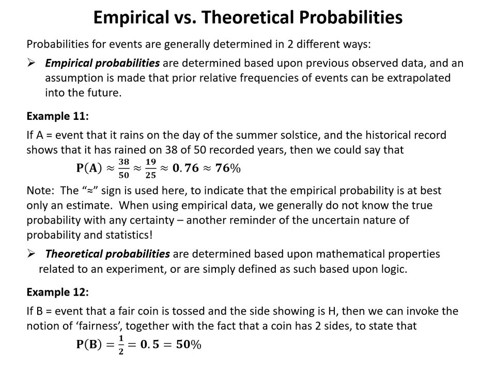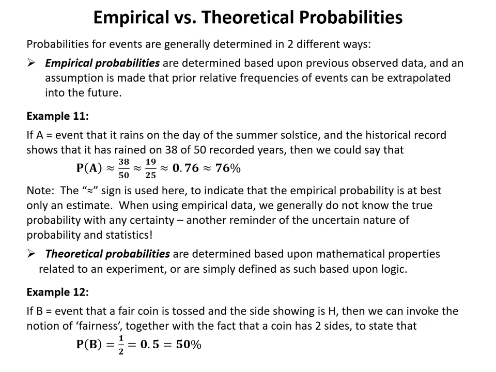Now note, we use the wavy equal sign here to indicate that the empirical probability is at best only an estimate. When we're using empirical data, we generally don't know the true probability with any certainty. And once again, it's another reminder of the uncertain nature of probability and statistics in general.